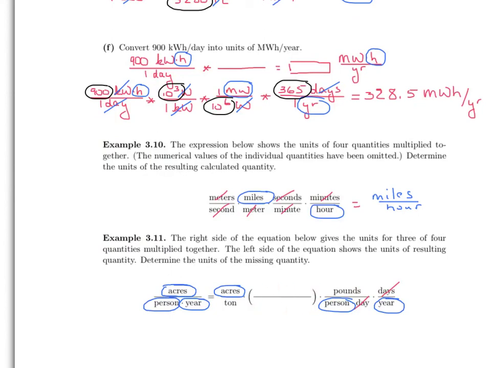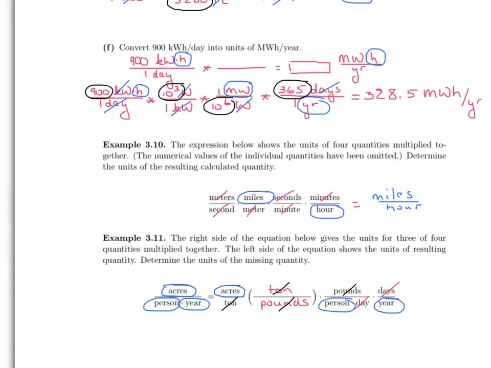This fraction is going to have to enable us to cancel out the pounds and the tons. So if we have tons in the denominator, we need to have a certain number of tons in the numerator. If we have pounds in the numerator, we have to have pounds in the denominator here. So with this fraction added, notice that the tons will cancel and the pounds will cancel.